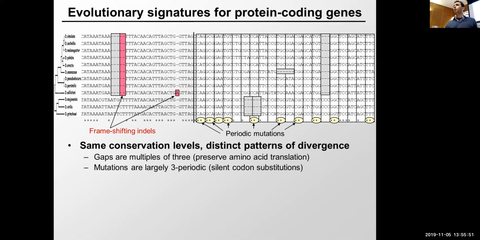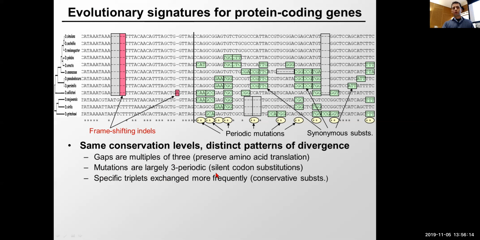So what's happening here? Evolution has 2 components. Mutation is really blind. It's just throwing mutations everywhere. But selection is excluding those mutations that would disrupt the function of that region. And the function in this particular case happens to be at the protein coding level, okay? So the gaps are multiples of 3. The mutations are largely 3 periodic.